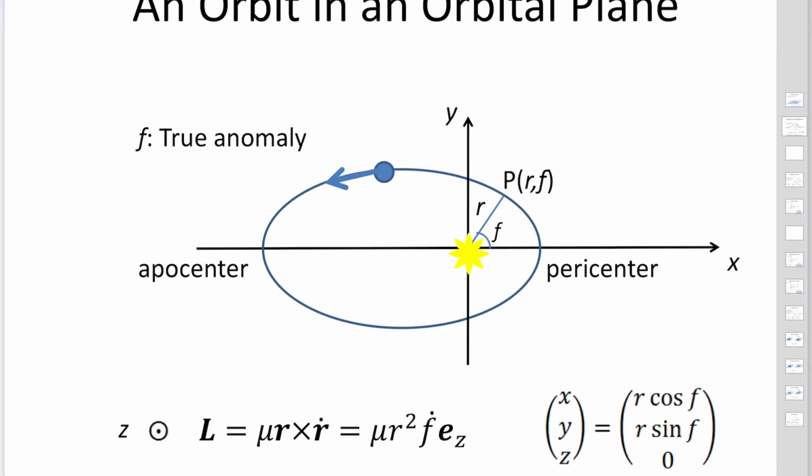If you consider this triangle, x is r cosine f, the y coordinate is r sine f, and z is 0.